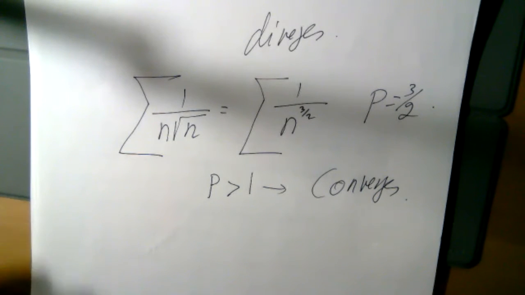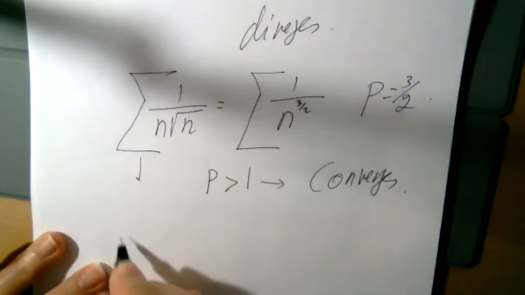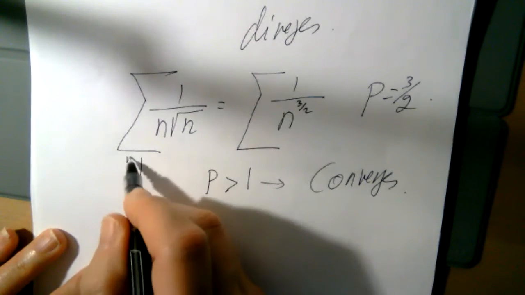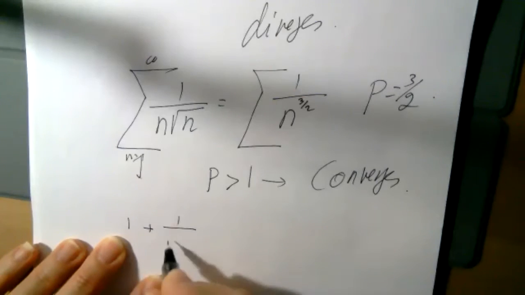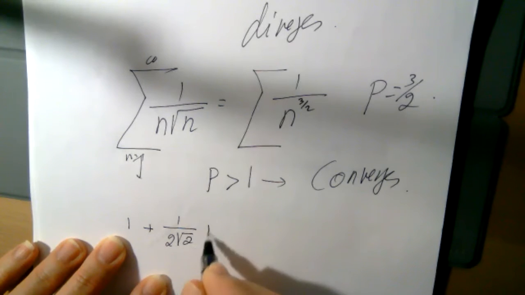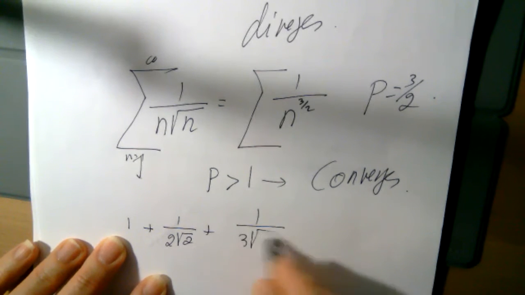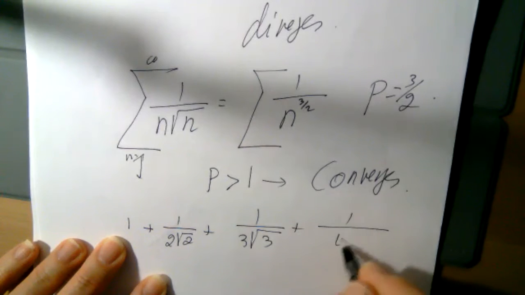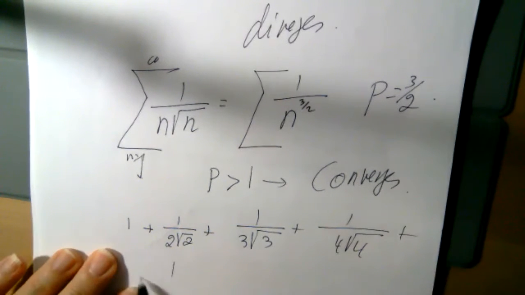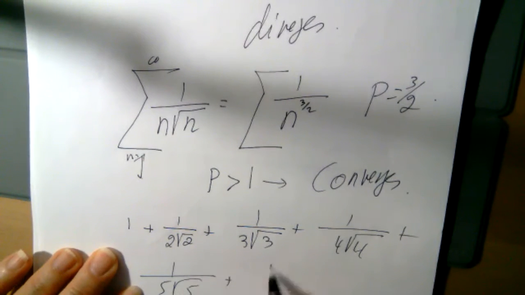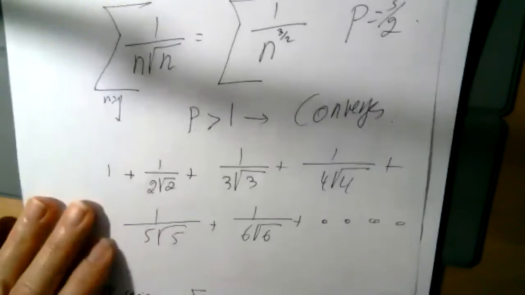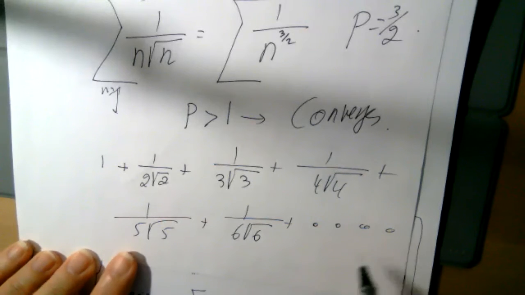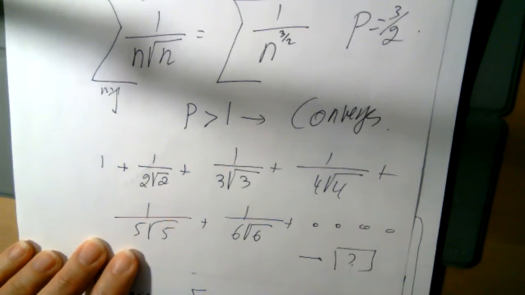What does convergence mean to me? It means if I take this series and start writing up the terms, we should never lose track of what it means to converge. I take 1, and then for n equal to 2, 1 over 2 root 2, plus 1 over 3 root 3, plus 1 over 4 root 4, plus, if I keep adding those terms, I will actually reach a very definite answer.